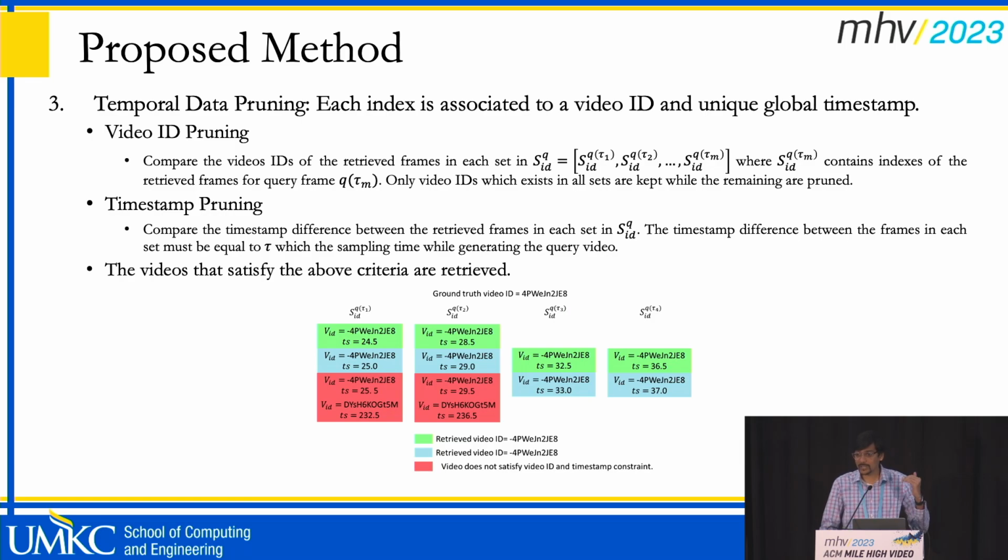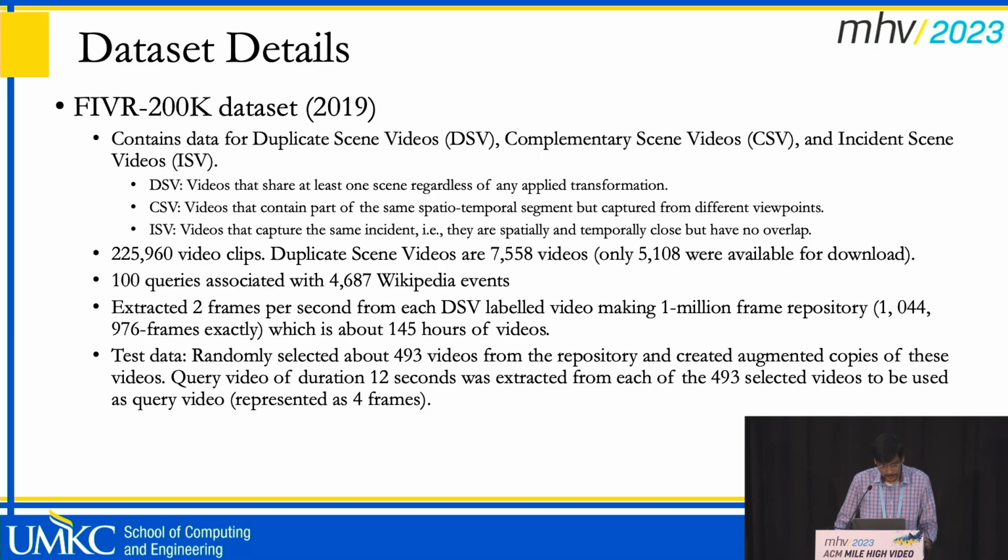So there is a coherency. It satisfies the video ID, the video ID is the same, and the timestamp difference is the same. So we retrieve 2 videos, the one in the blue box and the one in the green boxes. The red boxes, those videos are not retrieved because in the remaining 2 sets we don't get that information. We cannot satisfy the criteria. So this is how the data pruning works.